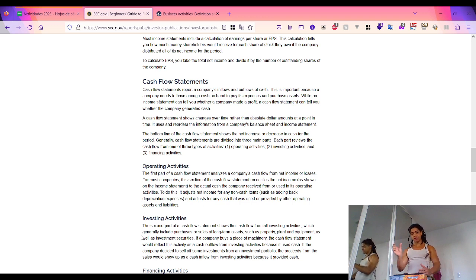Other examples of prepaid expenses are rent, marketing, software licensing, office supplies such as printer ink or paper, and maintenance contracts.